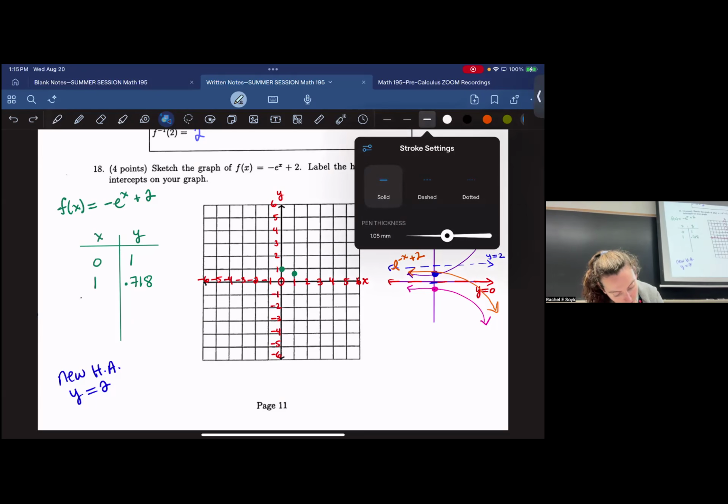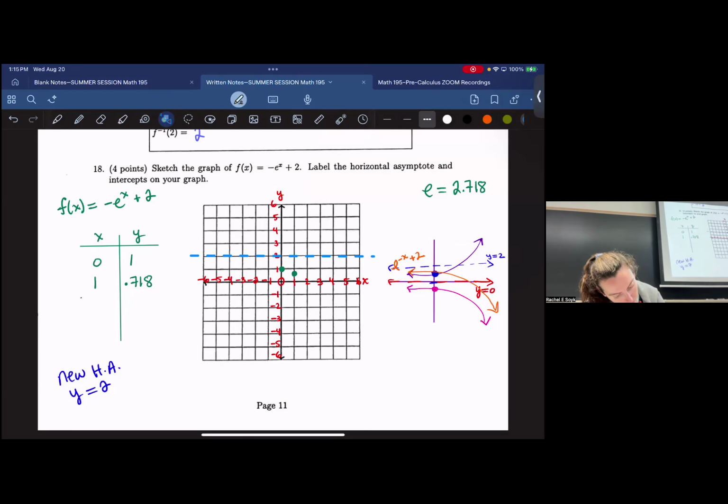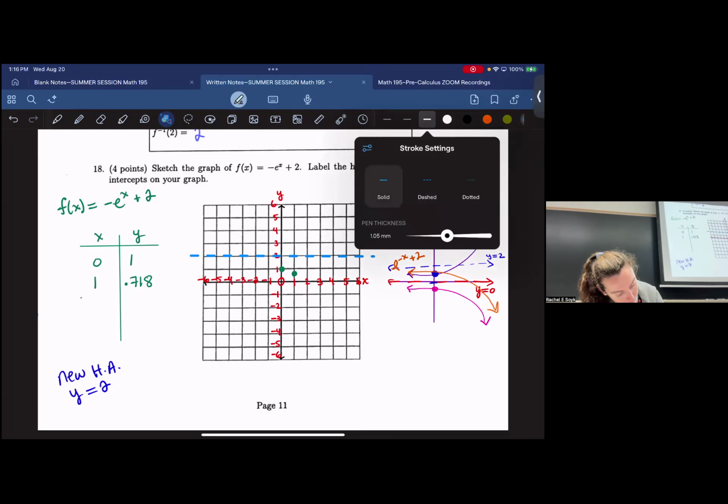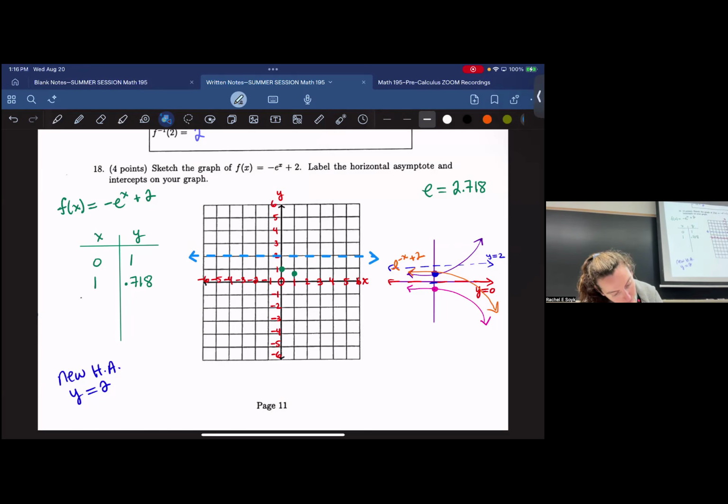I'll do dashed for the horizontal asymptote. Don't forget to label it, y equals 2. And then now we're ready to draw in our graph. And there we have it. Our f of x is equal to negative e to the x plus 2.